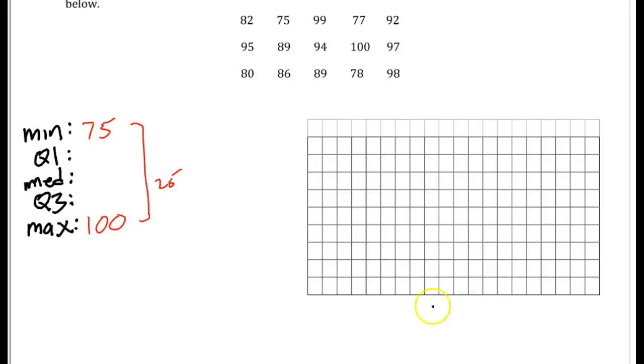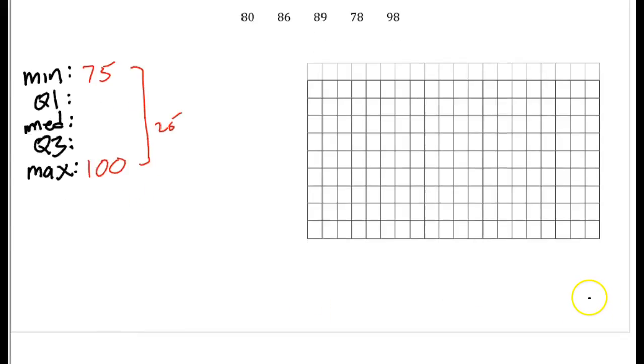But there's only 20 squares. So what you have to do is count by 2s, right? You might start on 74, and I'm going to stagger this so it's easier to read. This is 78, this is 80, 82, 84, and so on.